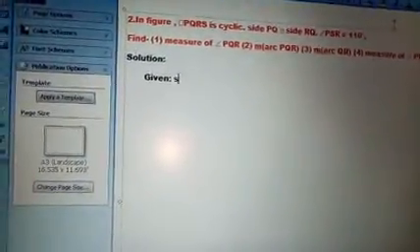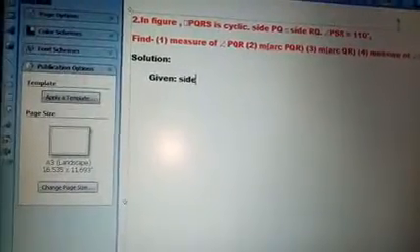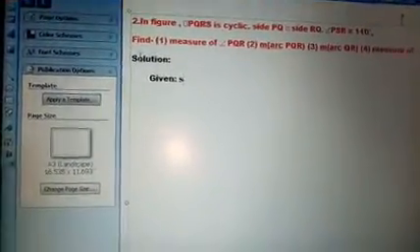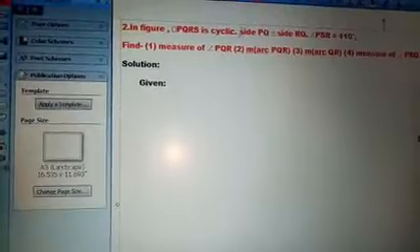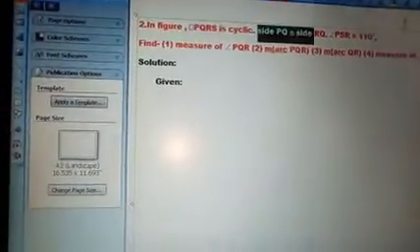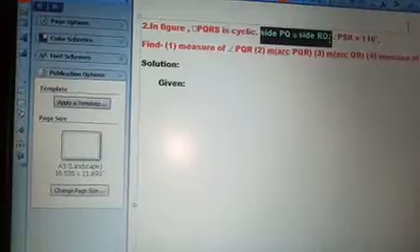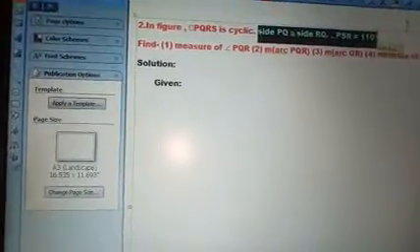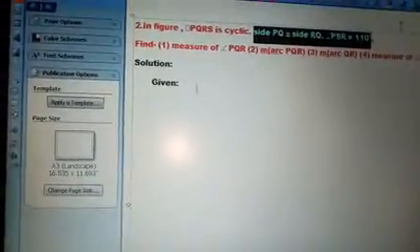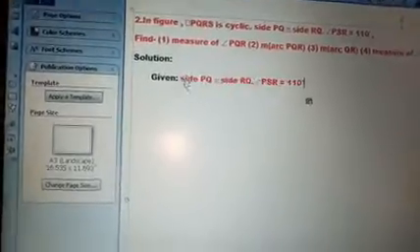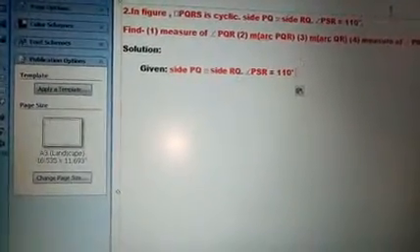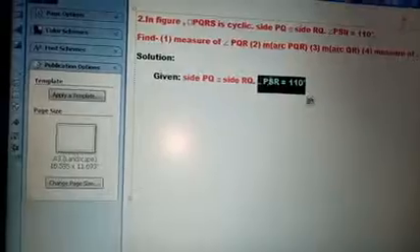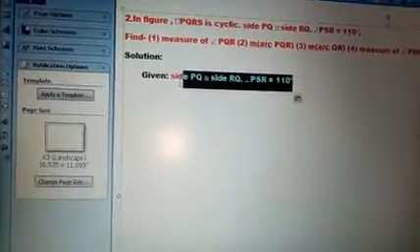Side PQ is congruent to side RQ, and angle PSR is 110 degrees.